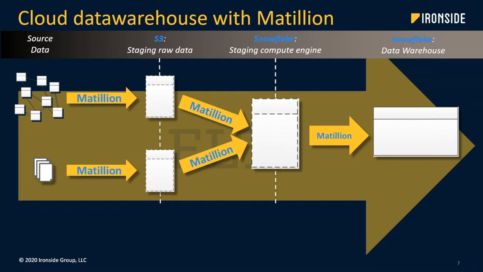At Ironside, we always promote using a consistent architecture with as few tools as possible, so you want to keep things easy to understand and maintain. In this architecture, we were using the tool Matillion to do all of the steps: the loading, the extracting, and the transformation. We think this is a great architecture, and we think this is a great tool. So we're going to talk about it in more detail today.